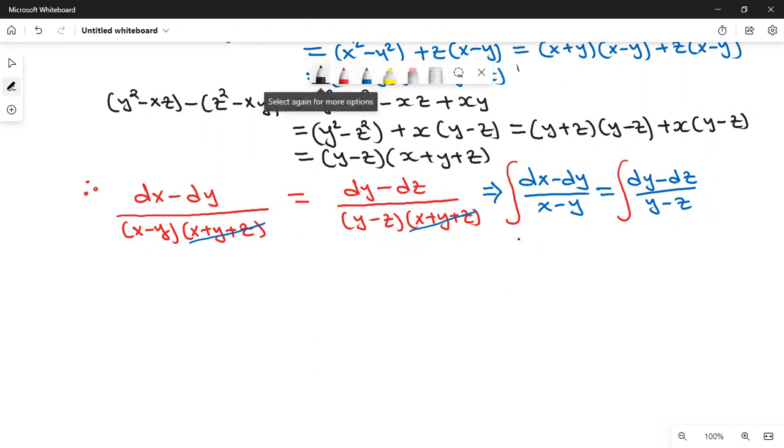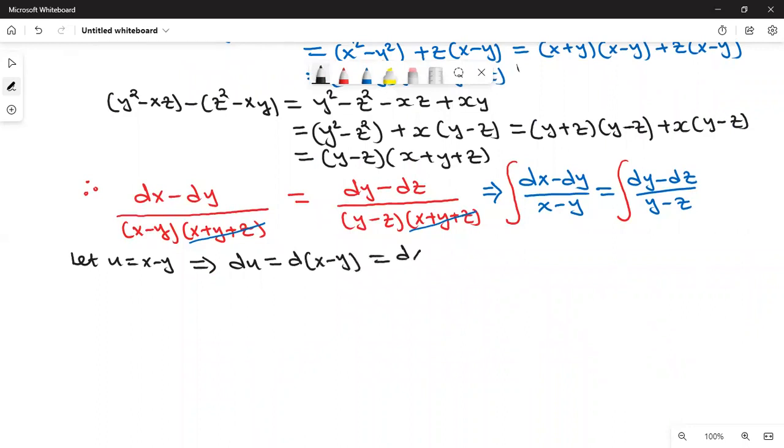Take note that if on the left I let u be equal to x minus y, then du will be equal to the derivative of x minus y, which you can write as dx minus dy.